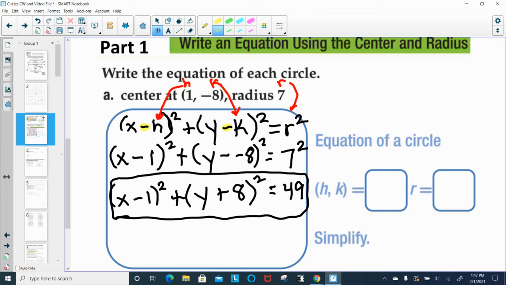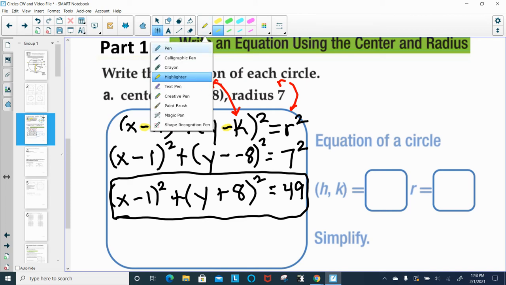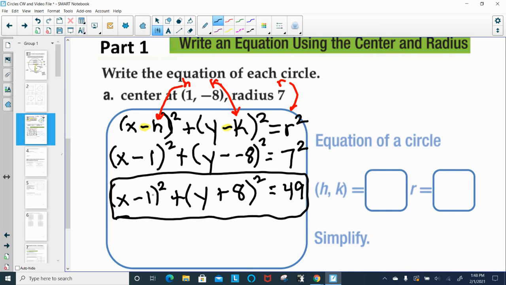And what those negative signs are doing is causing it to look as if the center point has flipped its sign. And that's an interesting thing. We're going to need that in a little bit. So I'm just going to fill this in. This is our 1, -8. That was this information. And our radius was 7.